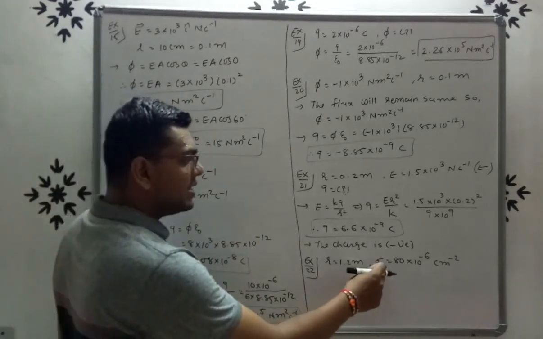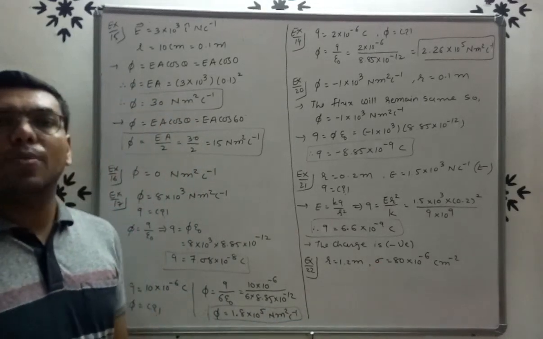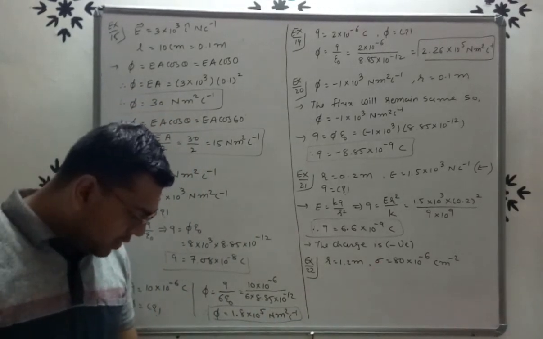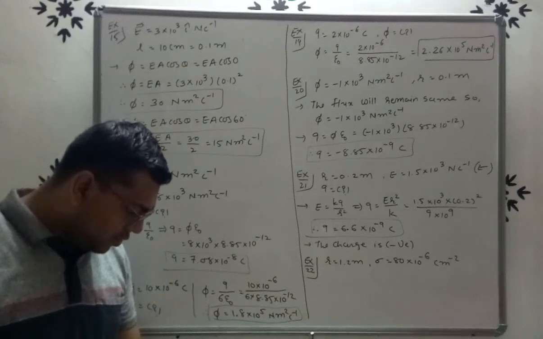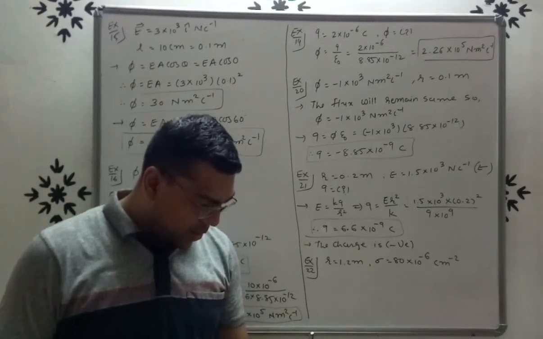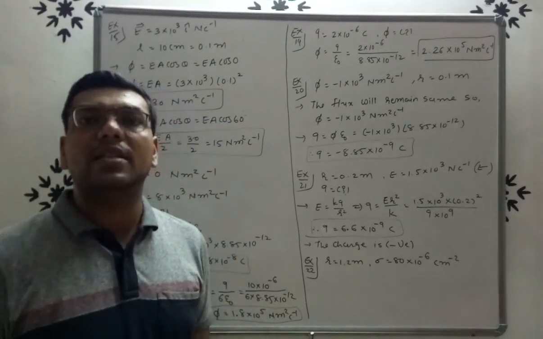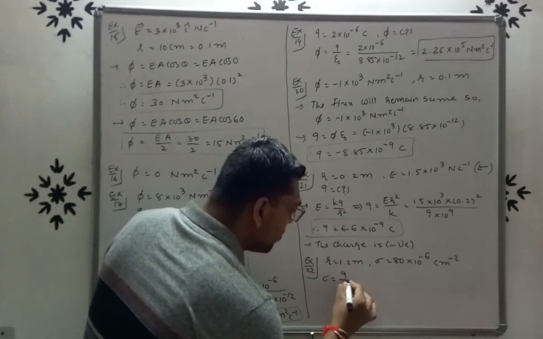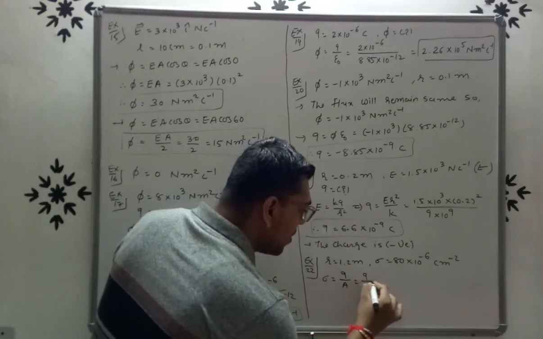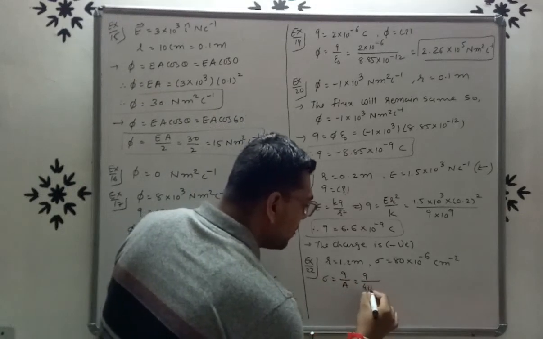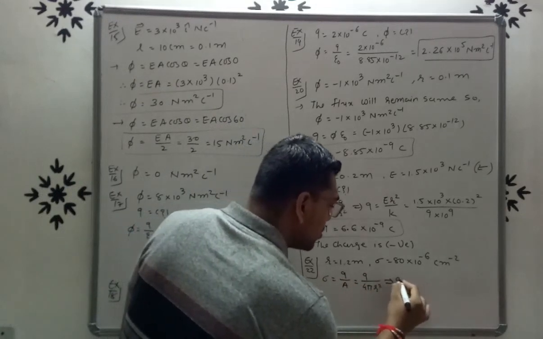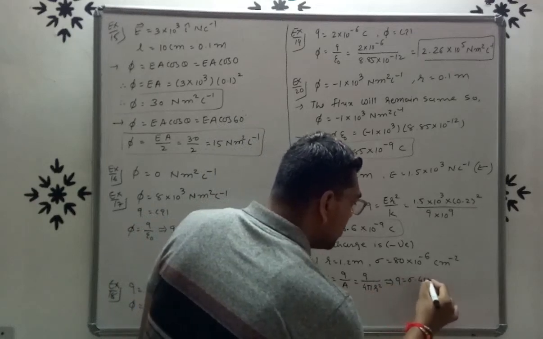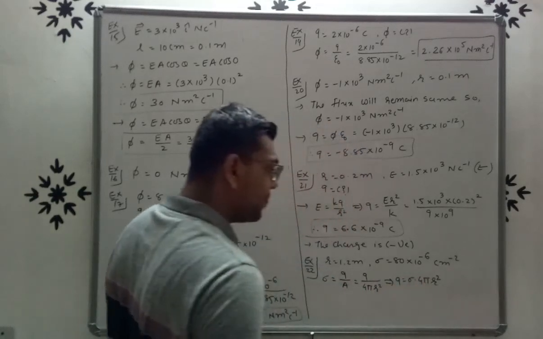So we know the formula, sigma is equal to Q by A, and here a sphere is given, so we know the formula of the area of a sphere, that is 4 pi r square. So sigma is equal to Q by A, so Q upon the area of the sphere, 4 pi r square. So Q is equal to sigma into 4 pi r square.